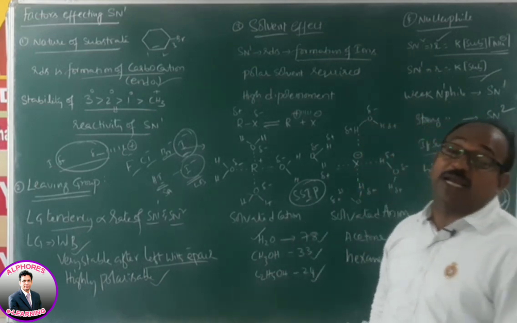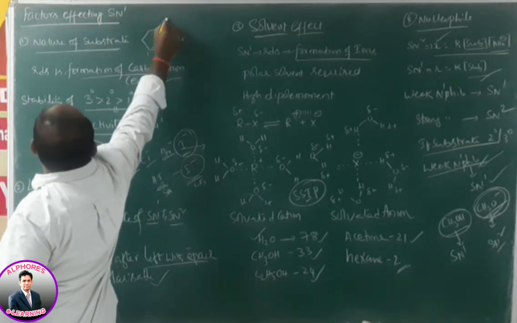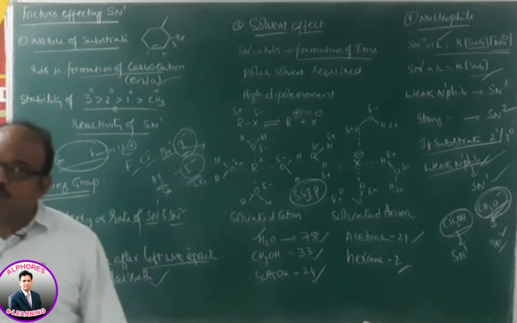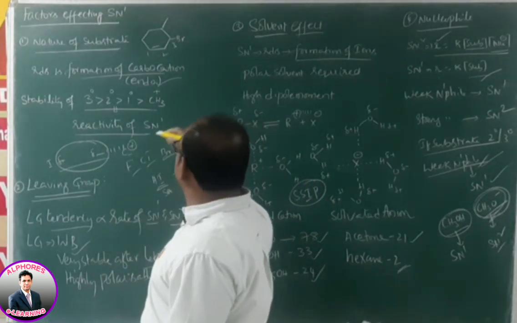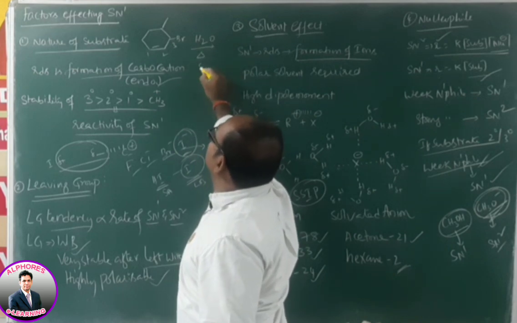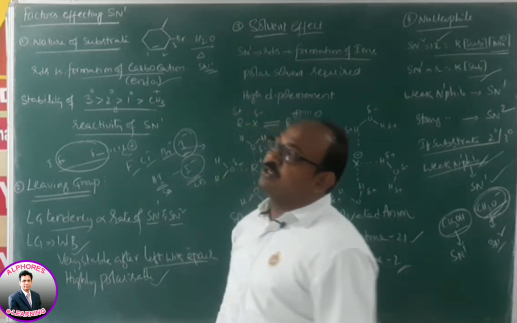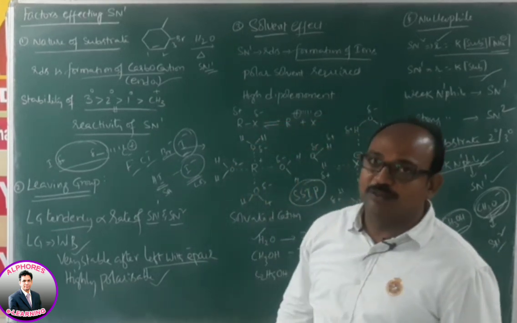This one gives a secondary carbocation. If I am going to keep a methyl group here, how many products are you going to get in the SN1 mechanism? Let us consider the solvent is H2O and heat, SN1 conditions only I am giving. So how many products do you think you are going to get? Think about that answer.